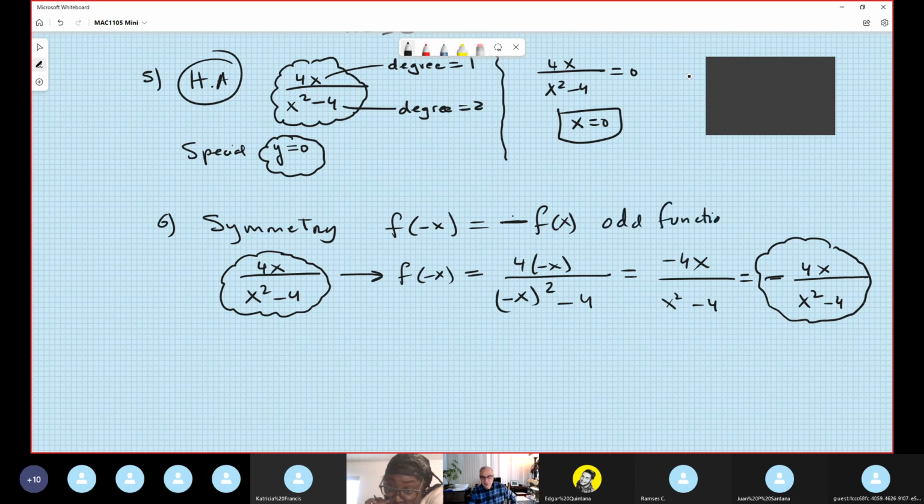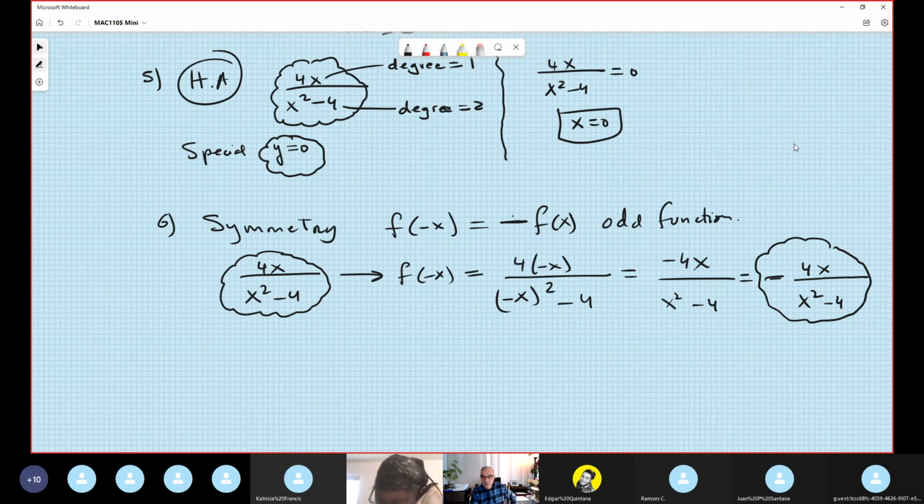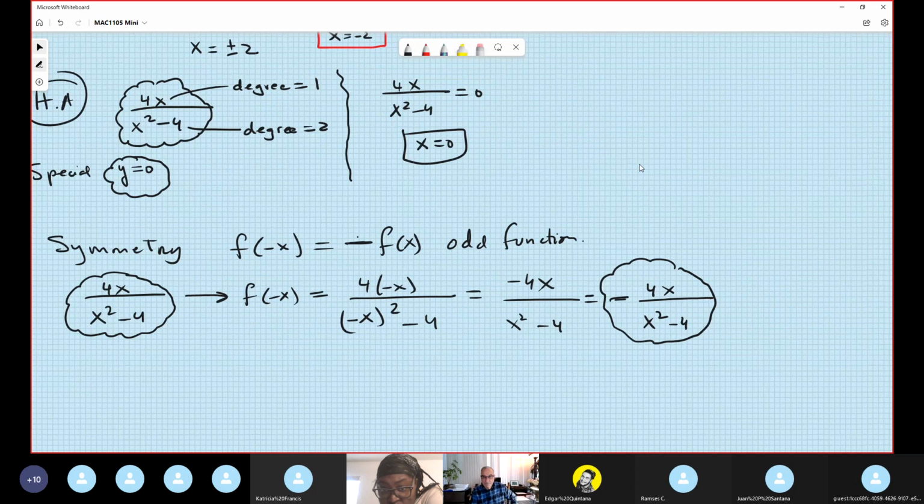Remember, an odd function has symmetry like that, with respect to the origin. Okay, this is the typical odd function.